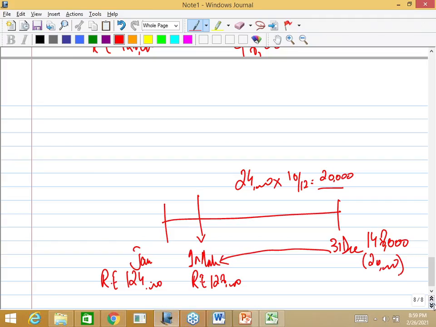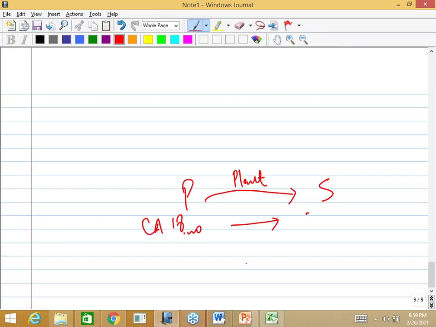Now let's talk about the gain. The parent company has transferred a plant to the subsidiary company with a carrying amount of 18,000 for 30,000. So actually, in the retained earnings of the parent company, they have booked a profit of 12,000.